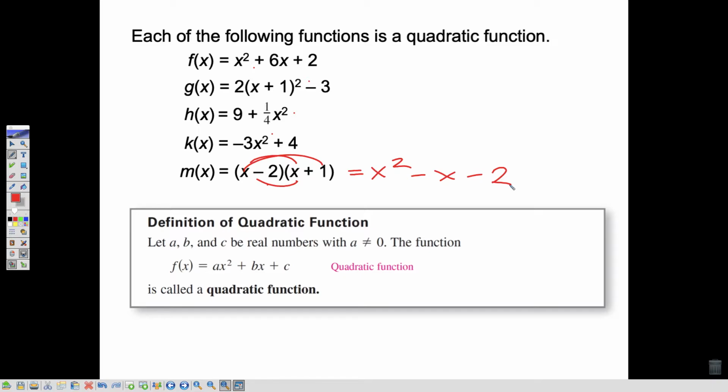Okay? Now this box, anything that's in a box is a direct mathematical definition. If it doesn't make sense to you, don't write it down. Am I clear there? If the words on the screen do not make sense to you, do not write exactly what they are. Write what makes sense. Typically when you read the textbook, they'll have a nice box, and then right underneath it, they're going to say it in plain English.